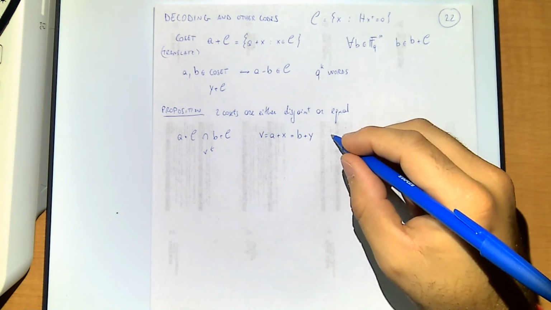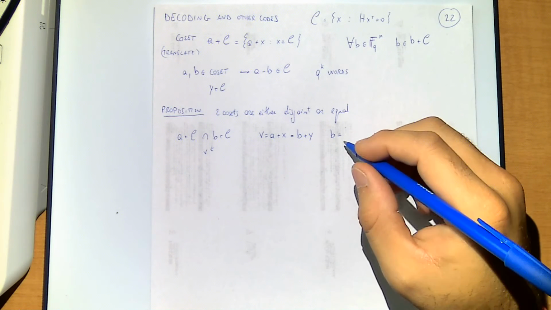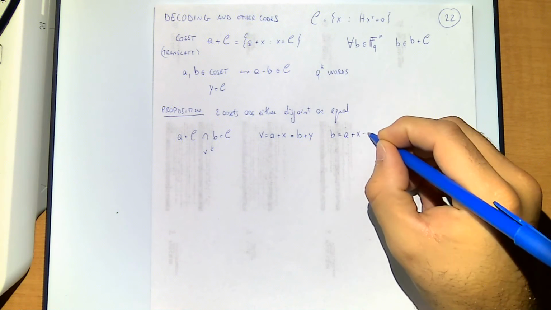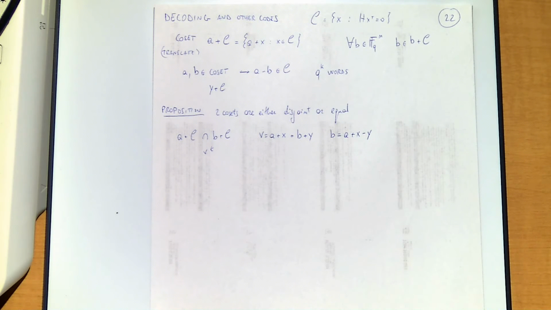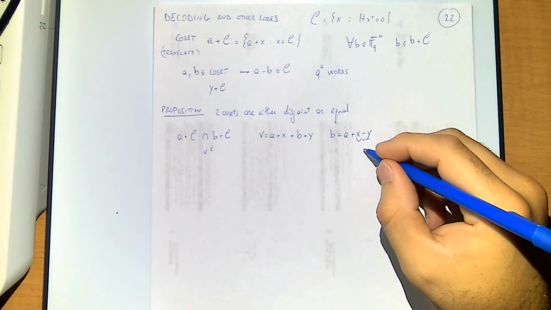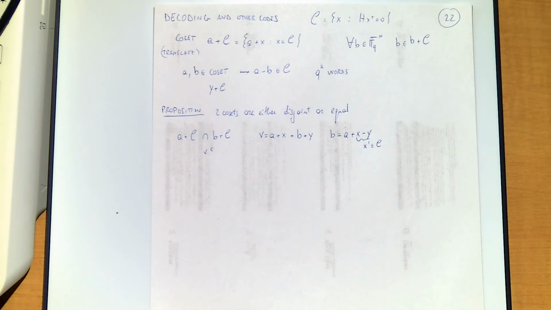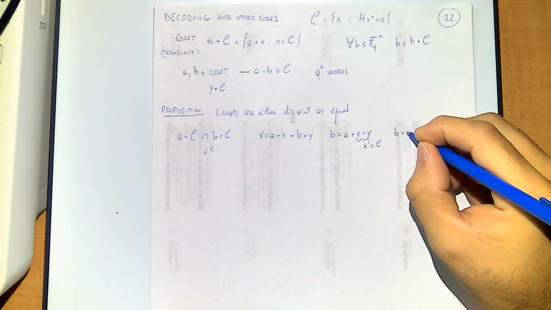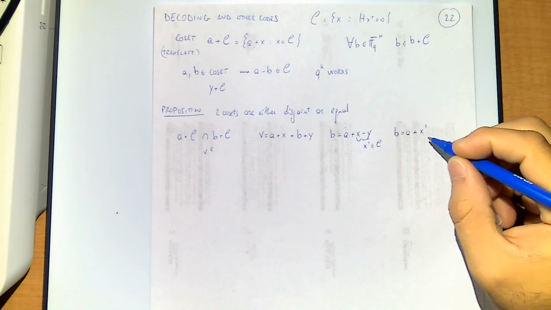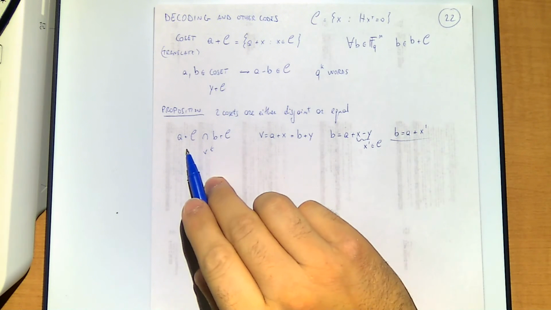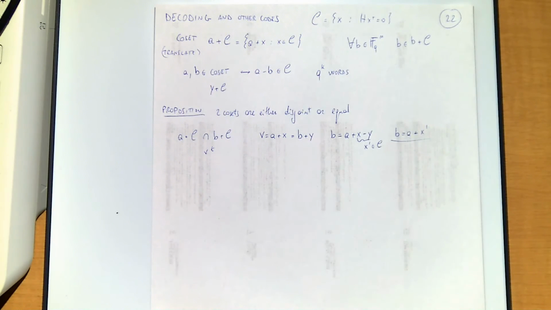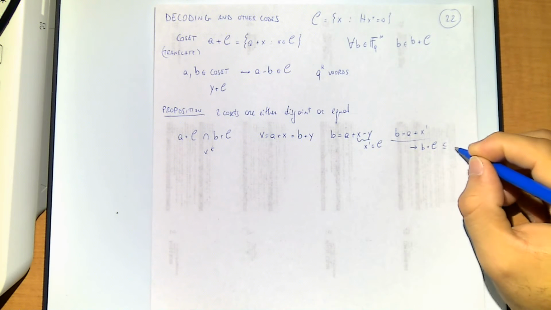And therefore, I can always write that B is A plus X minus Y. But now I know that X minus Y is a code word because the code is linear, right? So I call this X prime, and this is also in the code. And so I have that B is A plus X prime. But look at this, this means that B is in the coset A plus code. And so this means that one coset is contained in the other, in particular this shows that B plus code is contained in A plus code.